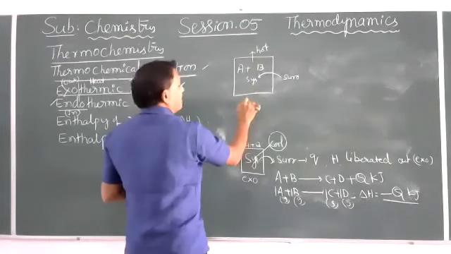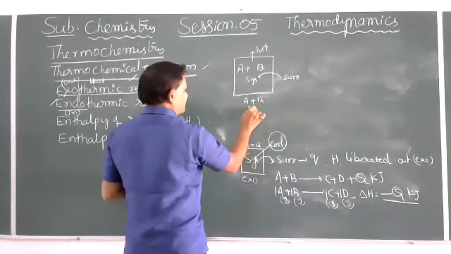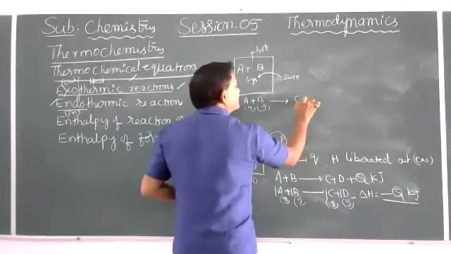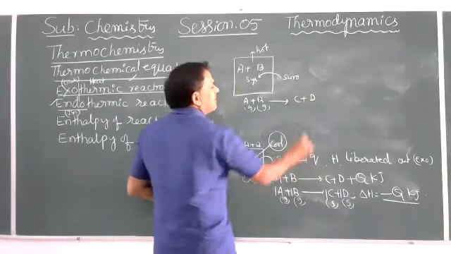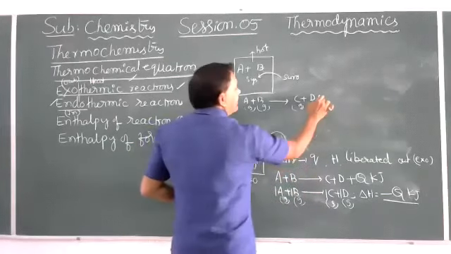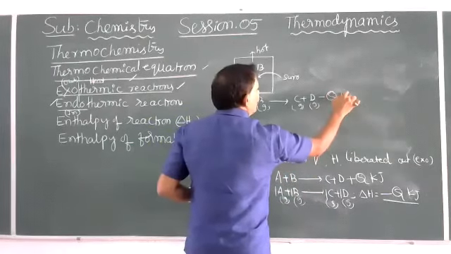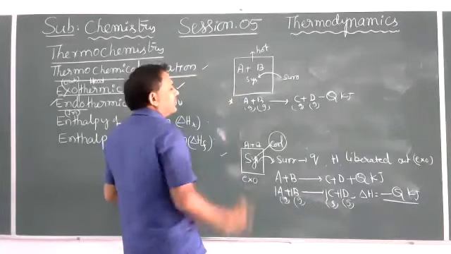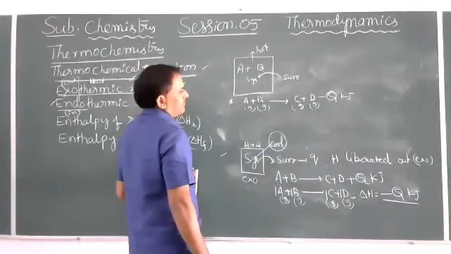Now, here A plus B, which are gases, are converted into C plus D, which are also gases. Here we can write plus Q kilojoules on the reactant side. This is the general representation of an endothermic reaction.